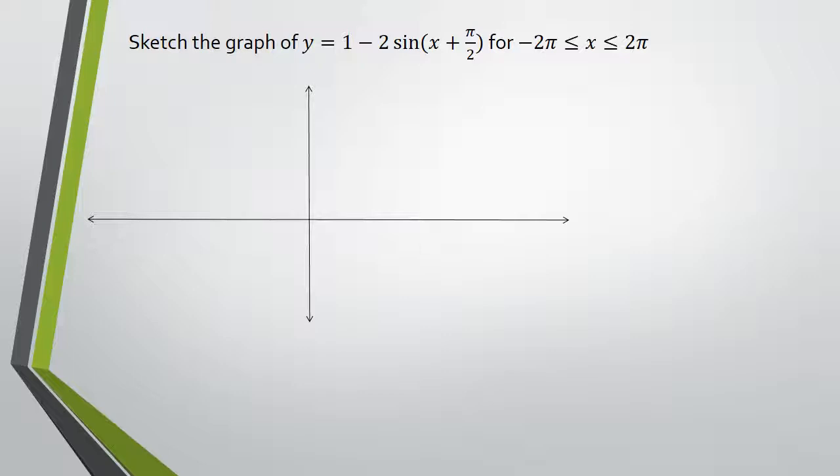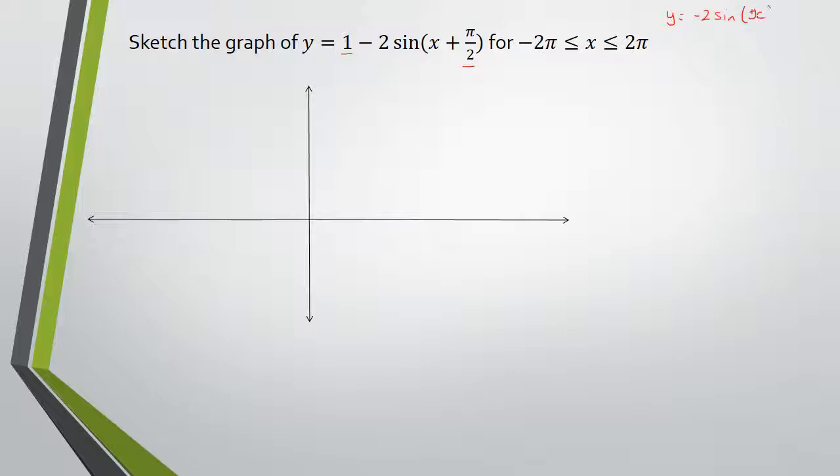Okay, so we're now sketching our graph. I really suggest in this case that we start by ignoring our translations. We know it's been translated by 1 in the y direction and pi on 2 in the negative x direction. But let's start by considering what our graph would look like before any translations.